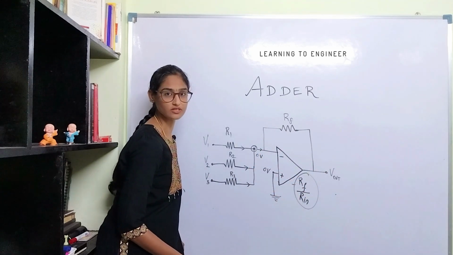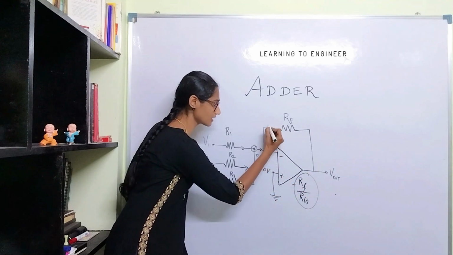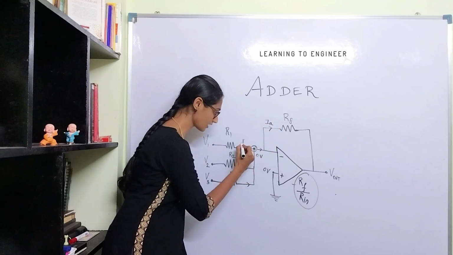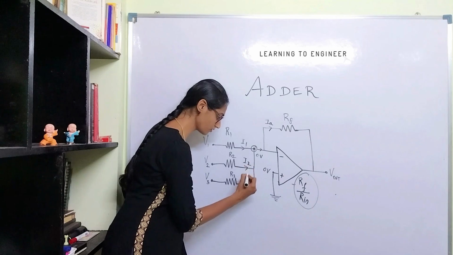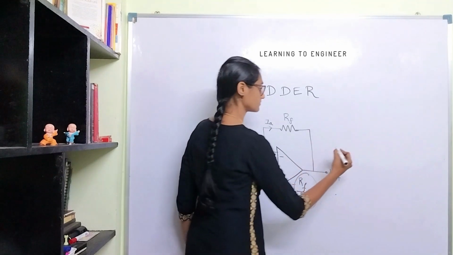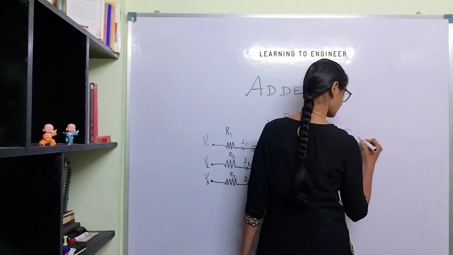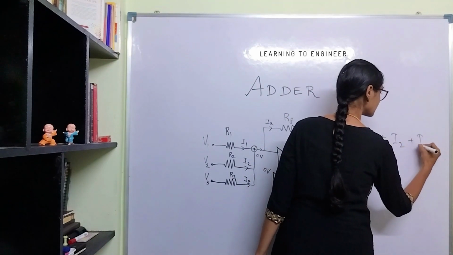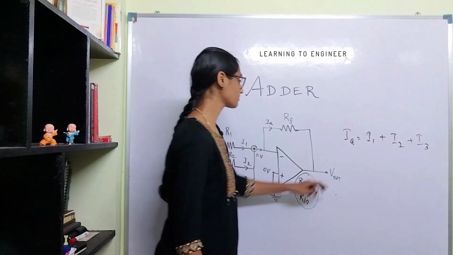So all these three currents will get added over here and all of them pass into this output voltage. So this current, let me call this as IA. This IA will be I1 plus I2 plus I3, right? So what is IA?